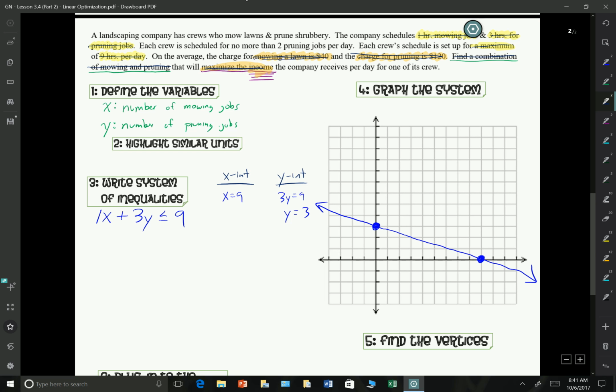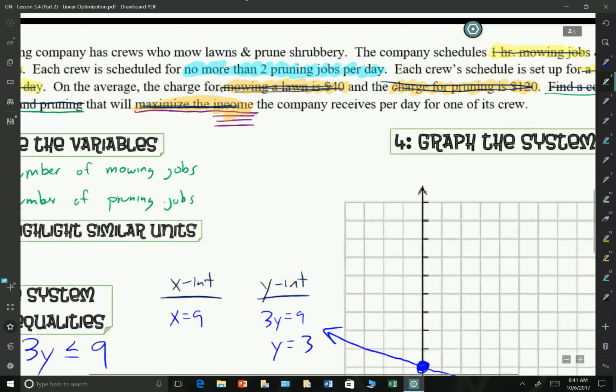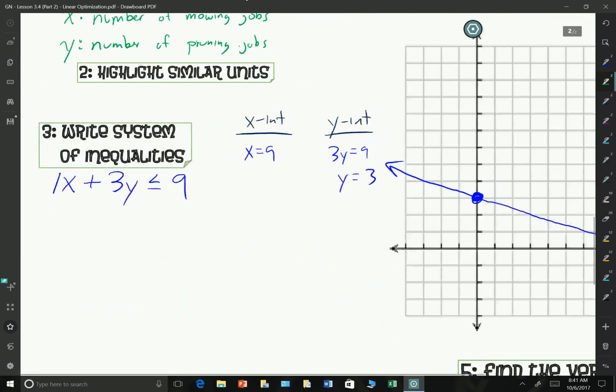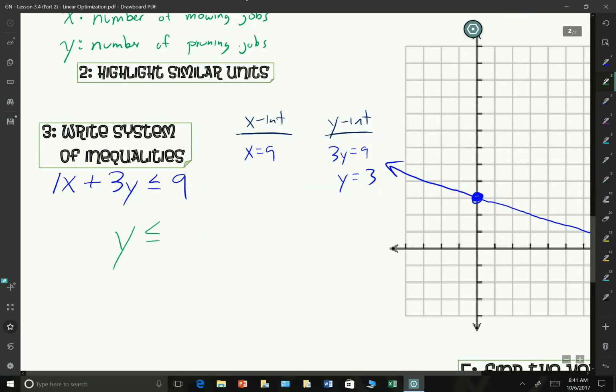What else do I have? No more than 2 pruning jobs per day. So what would that be? No more than 2 pruning jobs. So if I have the company and I say I want to put out pruning jobs less than or equal to 2, right? And that's, what is it, our y variable? How many jobs can they do if I say no more than 2 jobs? 2.